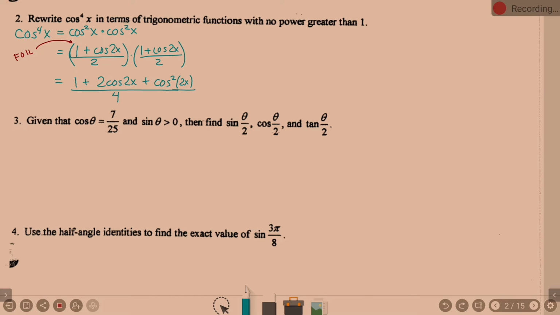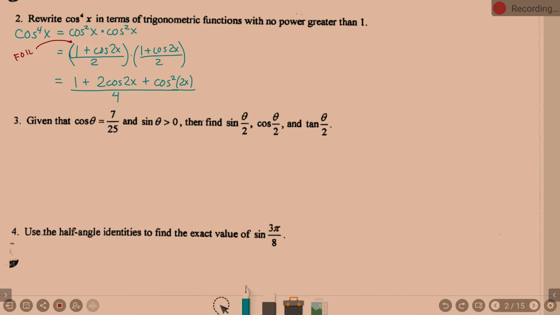So in other words, I could write cosine squared 2x, or I could write cosine of 2x quantity squared. Those are equivalent. If I write cosine of 2x squared like this, all I'm squaring is the 2x, and that is not equivalent. Just an FYI there.